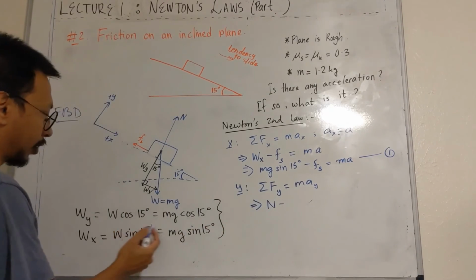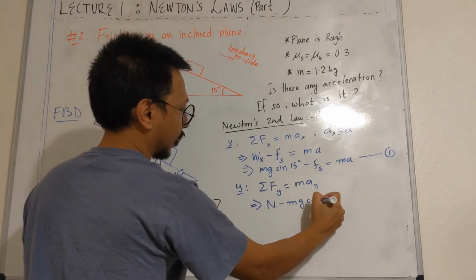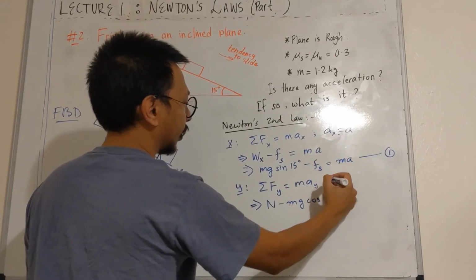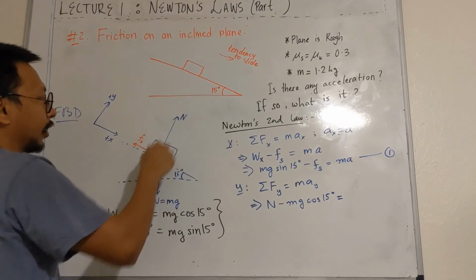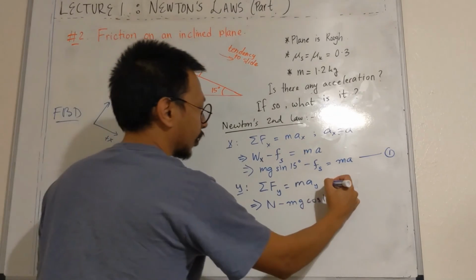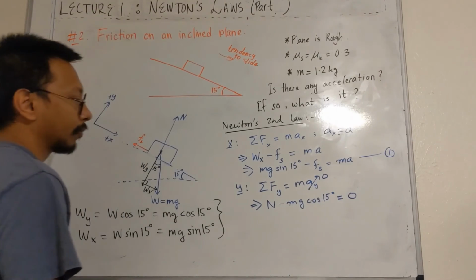Wy we just found out as mg cosine 15, equals, remember that the book is not sliding in the y direction, it is only sliding along the plane. So acceleration in the y direction is 0, so this side is 0.